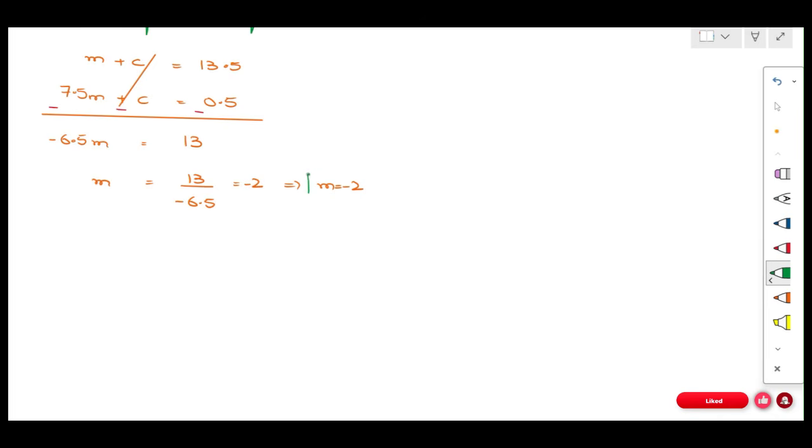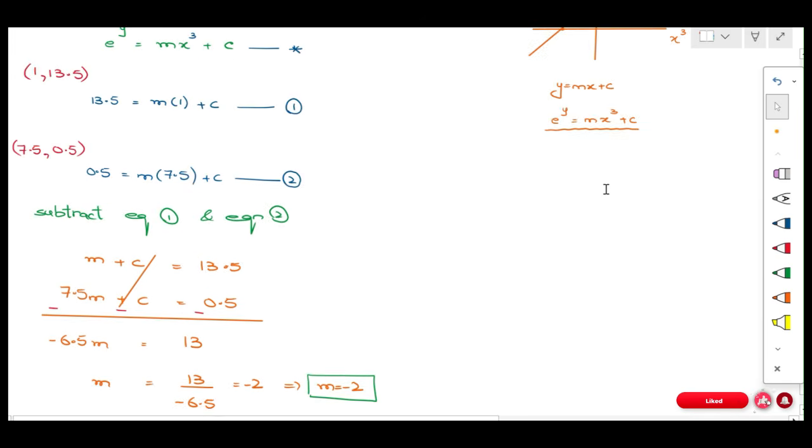We got m. Now we have to solve for c. We have the m value. Now to solve for c, you can plug this m value into the first equation and solve for c. So you can say put m equals -2 in equation 1.